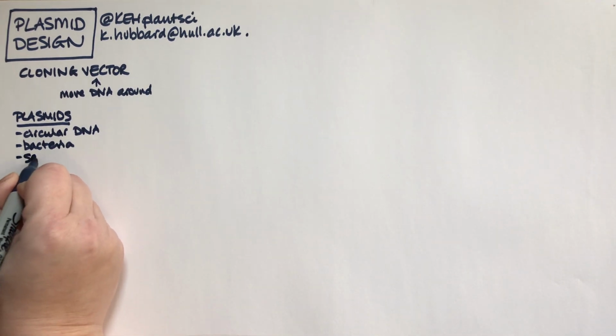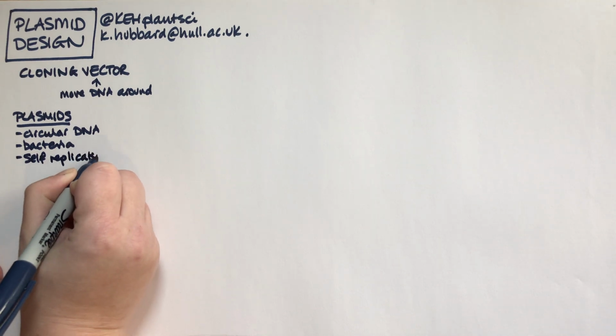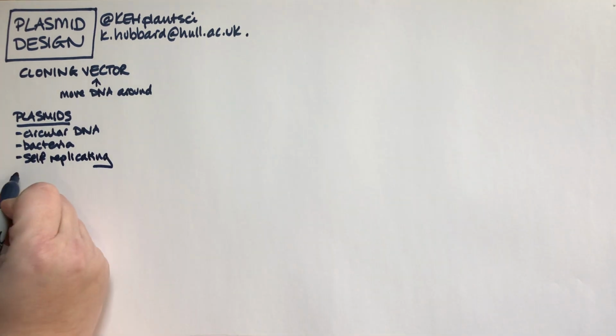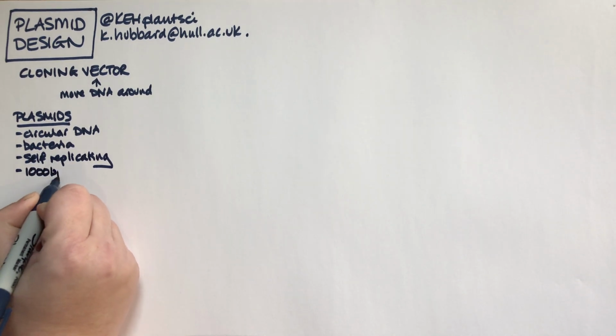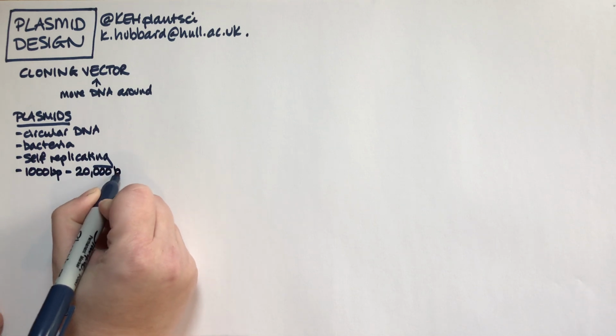They are self-replicating in bacteria. So the bacteria has all of the enzymes it needs to recognise the plasmid and to make new copies of it. And typically, the smallest plasmids are about 1,000 base pairs up to about 20,000 base pairs.